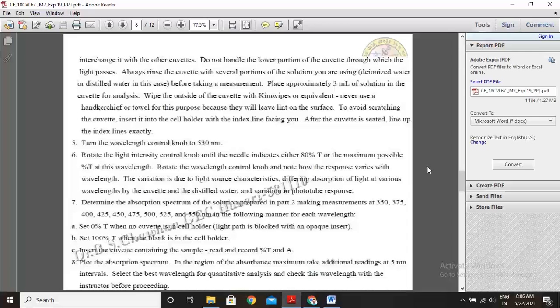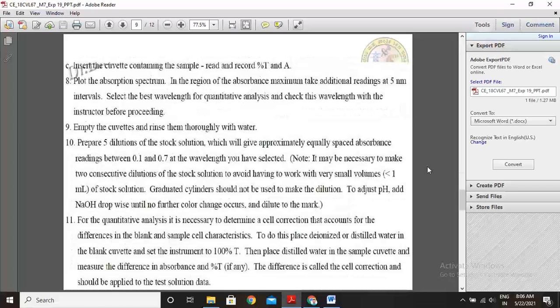In the region of the absorption maximum, take additional readings at 5 nanometer intervals. Select the best wavelength for quantitative analysis and check this wavelength with the instructor before proceeding. Next, insert the cuvette containing the sample.